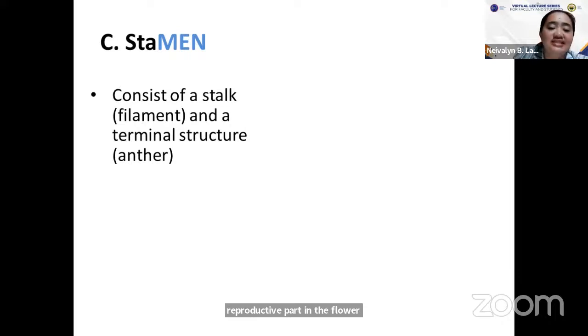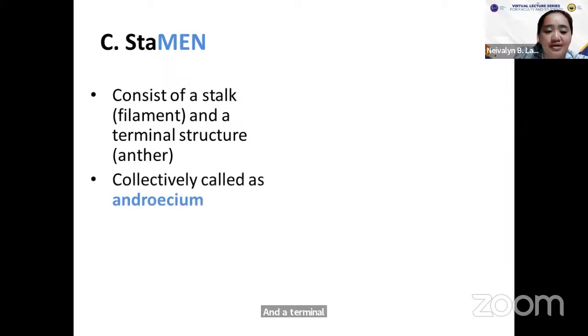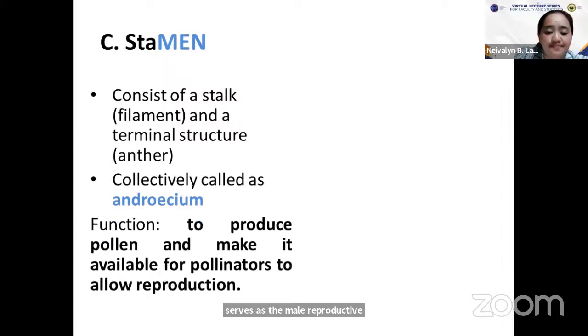The stamen consists of the stalk, technically called the filament, and a terminal structure, which is the anther. We collectively call the stamen the androecium. From the word andro, meaning male, because the stamen serves as the male reproductive part in a flower.